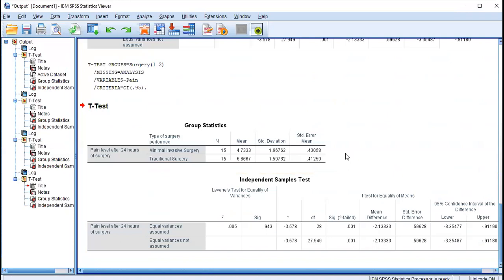And we know that if the d value is 0.2, the effect size is small. If it is 0.5 or near to it, it is medium or average. And if it is 0.8 or above, it is large. In our case, the d value is 0.93, so the effect size is large.